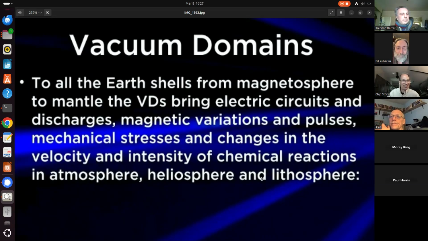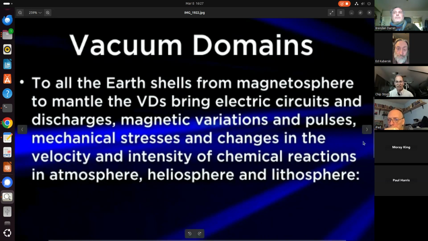Yeah. Vacuum domains. To all the Earth's shells from magnetosphere to mantle, the VDs being electric circuits and discharges, magnetic variations and pulses, mechanical stresses and changes in the velocity and intensity of chemical reactions in the atmosphere, heliosphere, or lithosphere. Colon. Going on to the next slide.